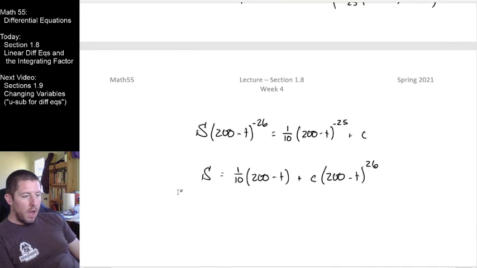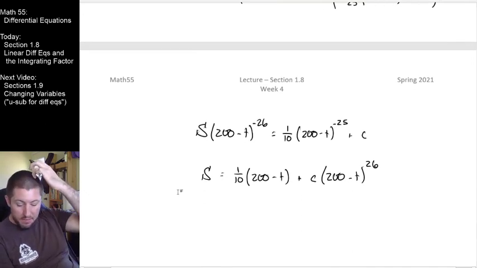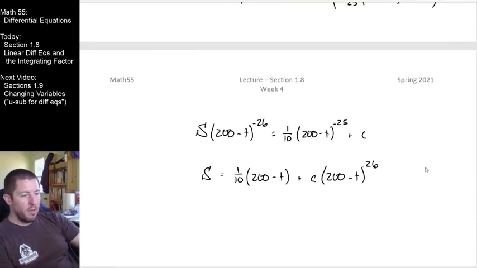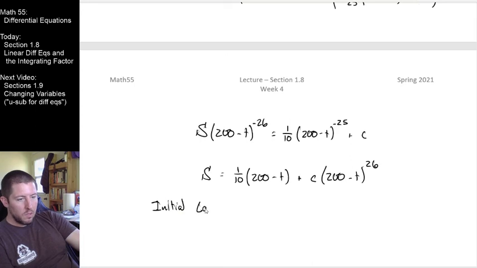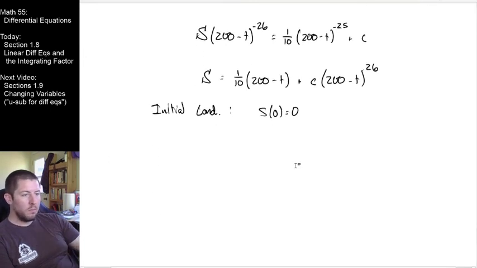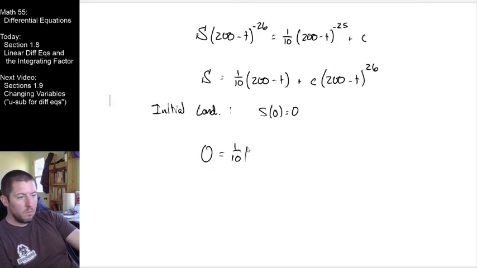All right, so coming down here, all we really have left to do now is set S of 0 equal to 0 and see what we get for C. Oof.